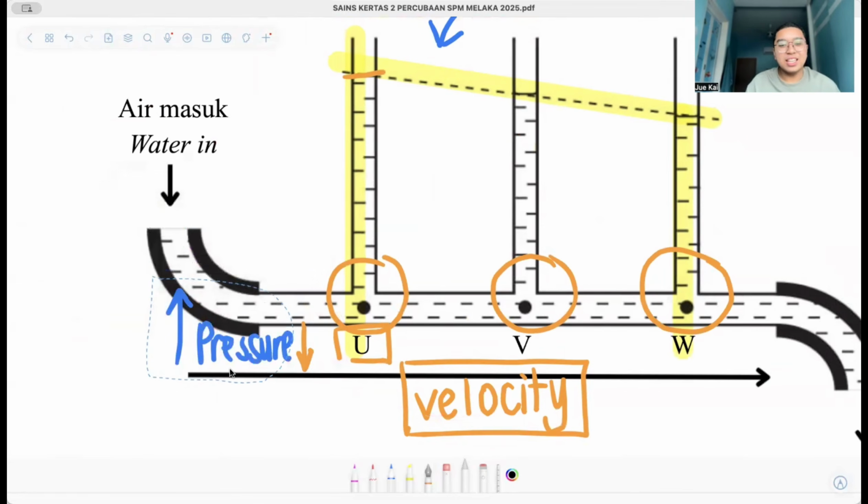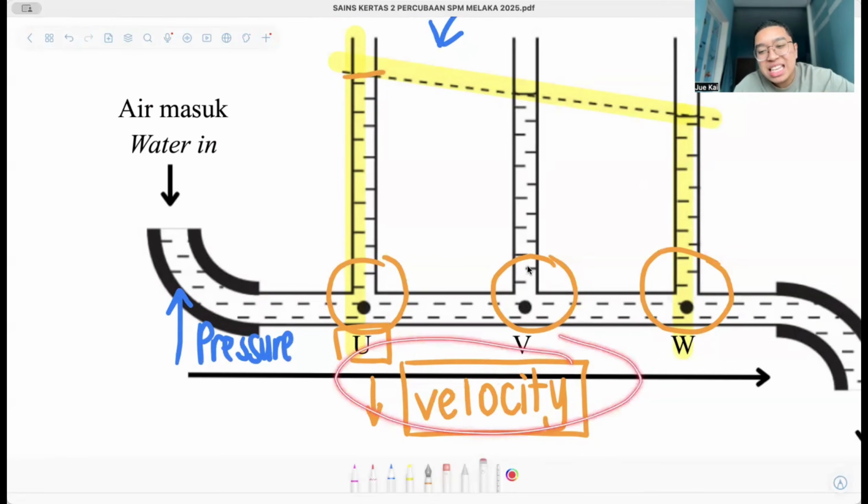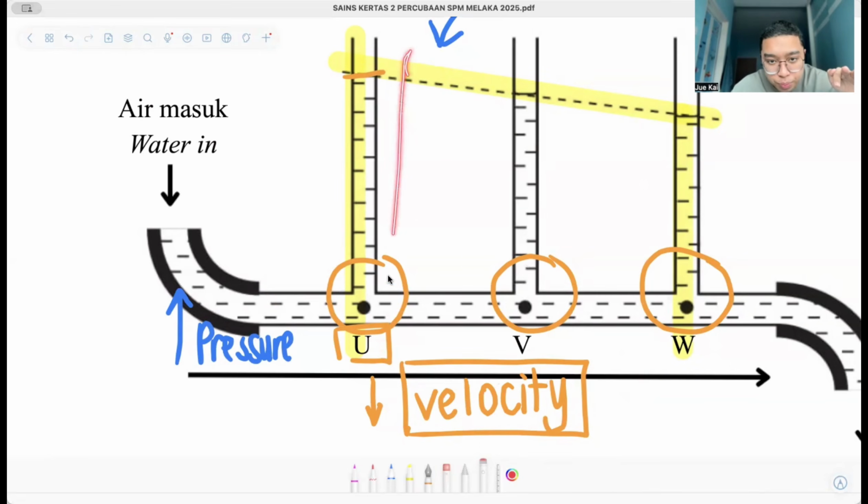Okay, I can change color. Best. Velocity stands for orange color, blue color will be pressure. I repeat one more time. When the velocity is low, that means the pressure will be high.